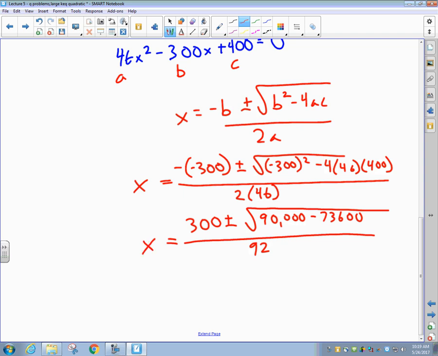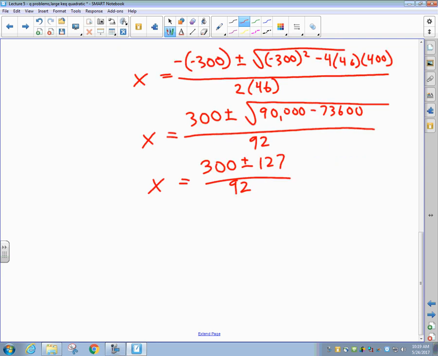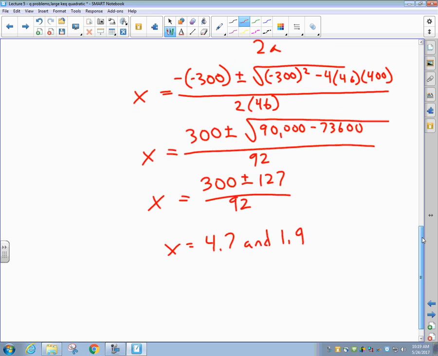Then we're going to end up with 300 plus or minus 127 over 92 equals x. At that point then, x is going to be two numbers. We get 4.7 and 1.9. And that's due to the plus or minus that we have in the quadratic.